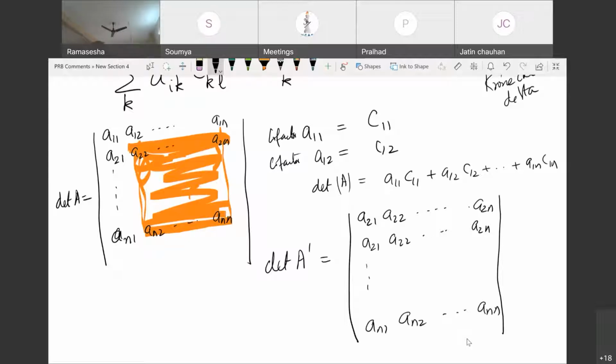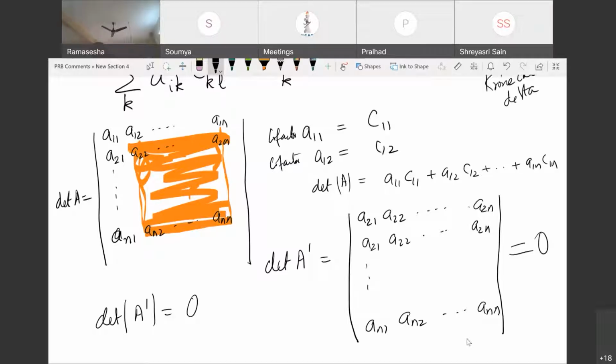What I have done is removed the first row, which was A11, A12, A1n, and rewritten the second row in the same place. So what is the value of determinant A prime? It is 0. Why? Two rows are equal. The first and second rows are equal, so that's why it is 0.